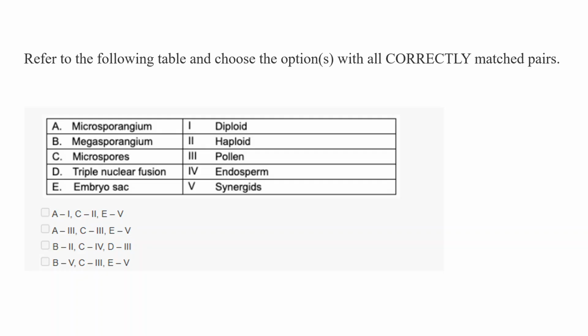So there can be more than one correct answers in this case, okay? Because microsporangium can be related to more than one options which are given on the right side.